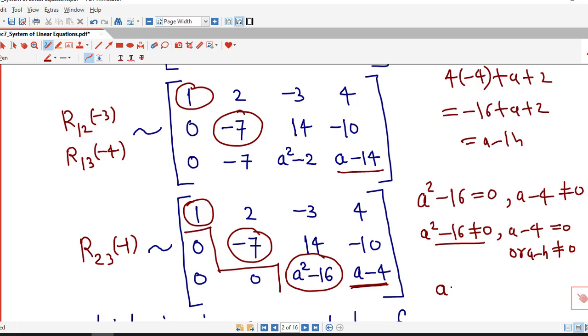And a square minus 16 is 0 and a minus 4 is also 0. So these are the different possibilities we will consider depending on the last row in row echelon form. So we discuss these different cases one by one, and we will see what we are getting for type of solution.